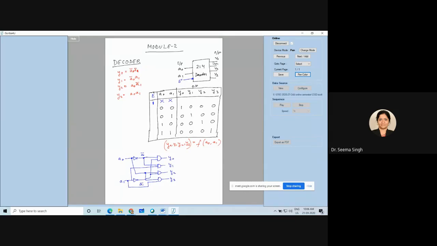So we will say that all the outputs will be 0. This is the case when your enable is high. Input does not matter because it is not allowed to work, and all the outputs become 0.